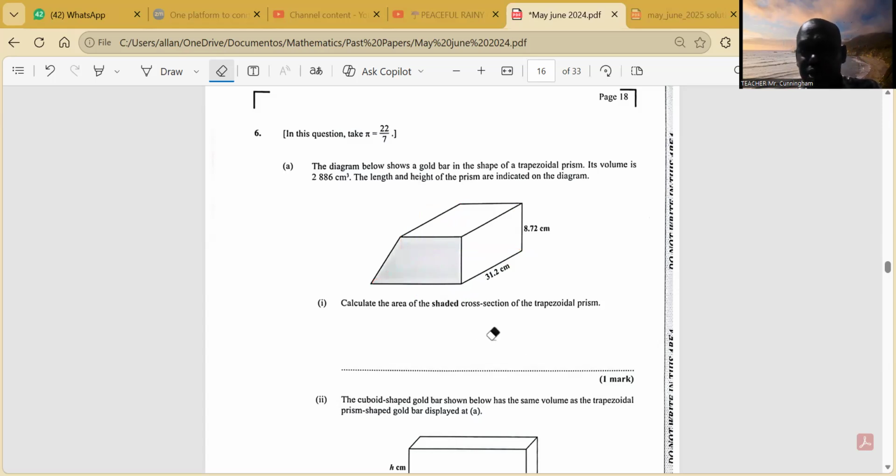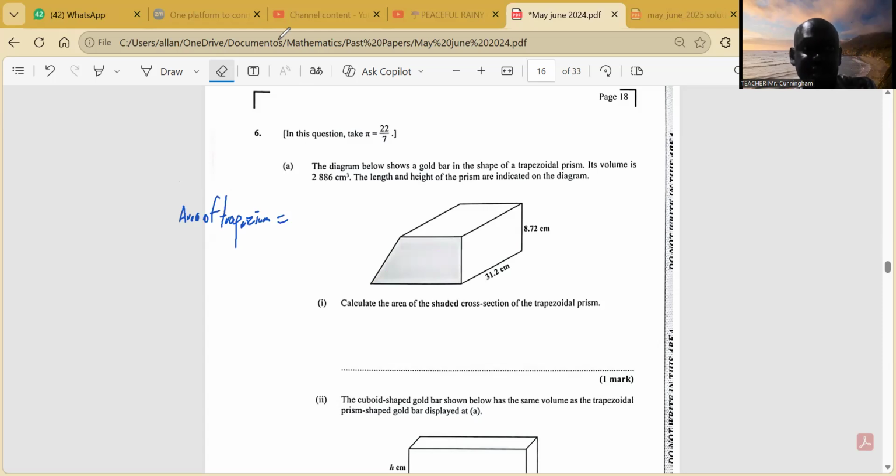All I want right now, does anybody remember how to find the area of a trapezium? What is the formula? We did it before. Anybody remember?